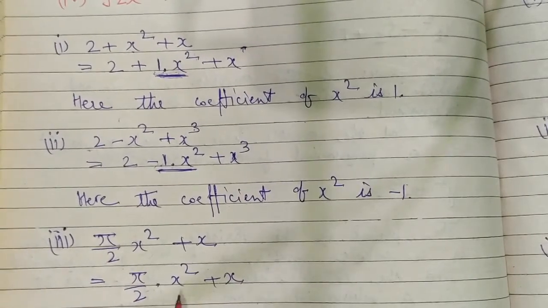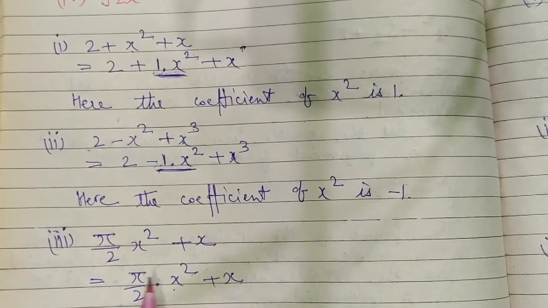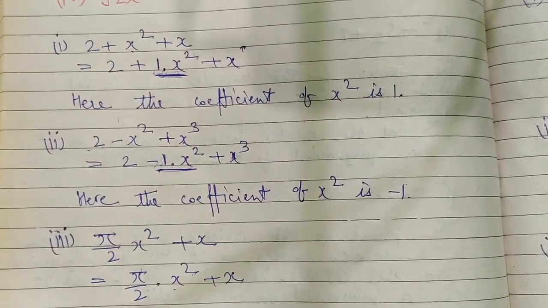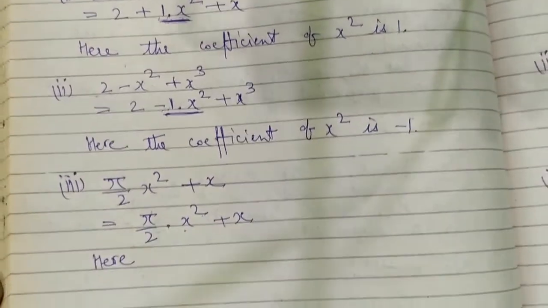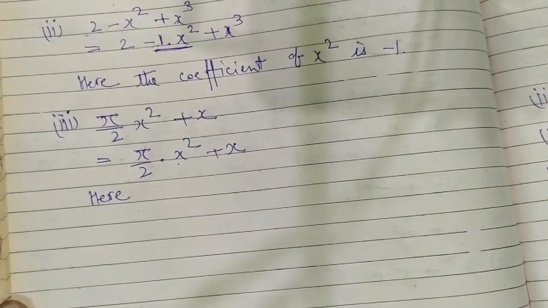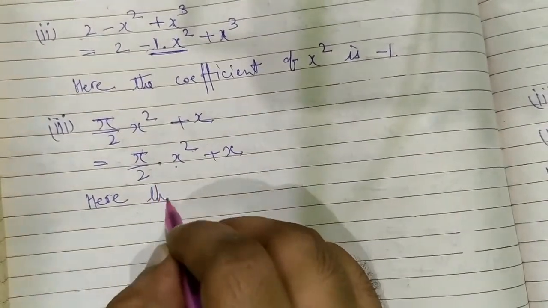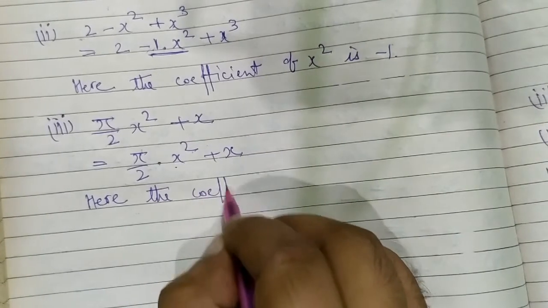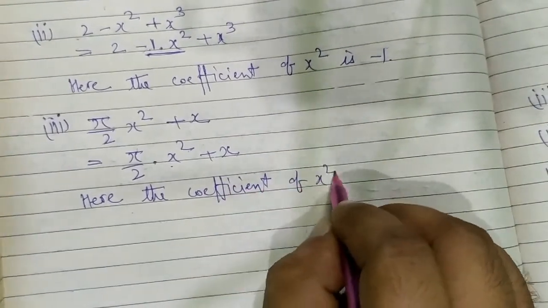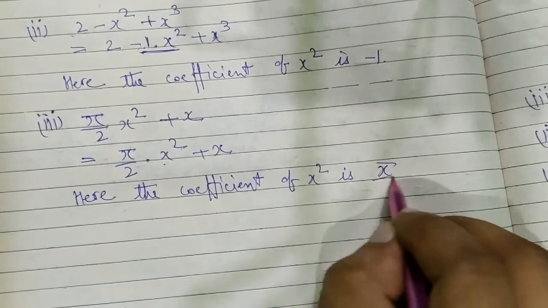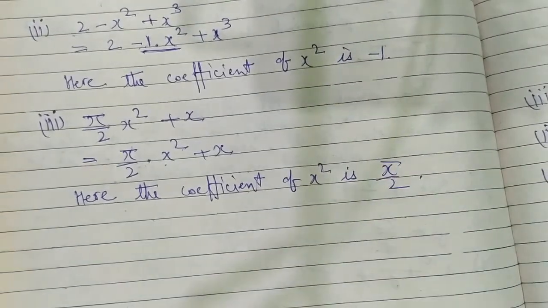We can very well see that the coefficient of x square here is pi upon 2. So we can write here: the coefficient of x square is pi upon 2. I hope it's very clear.